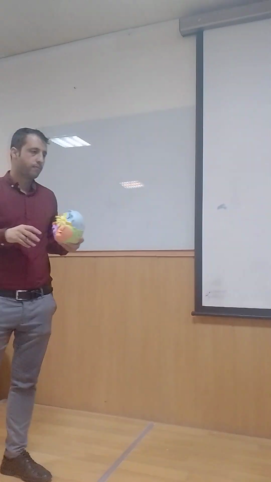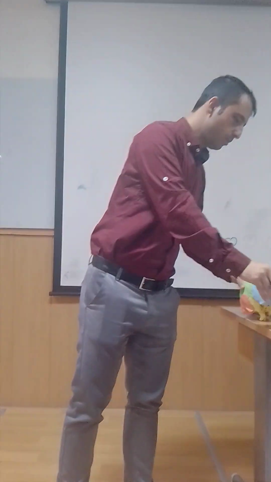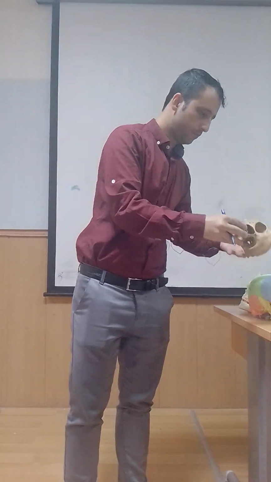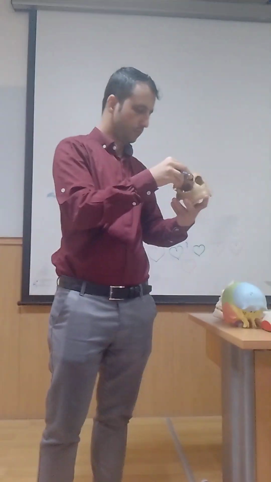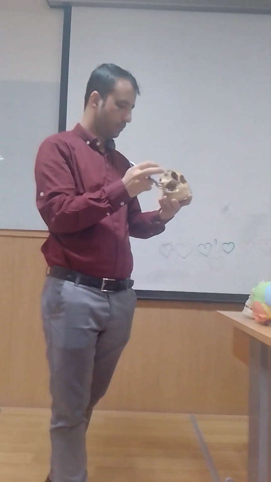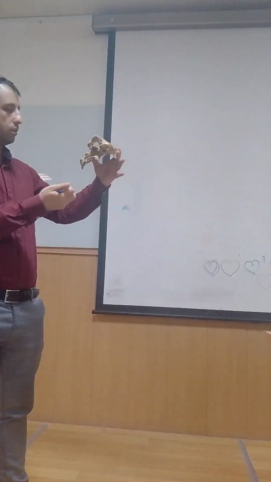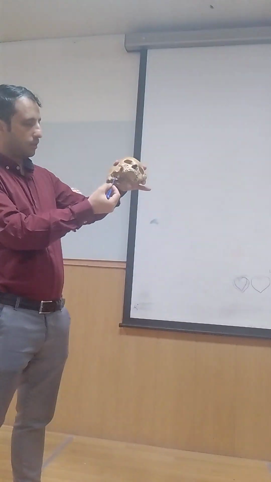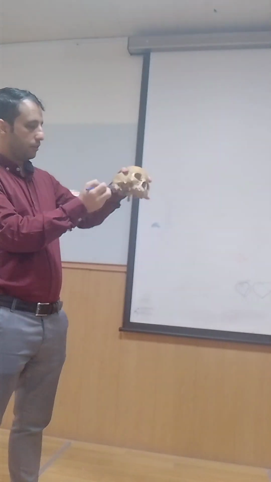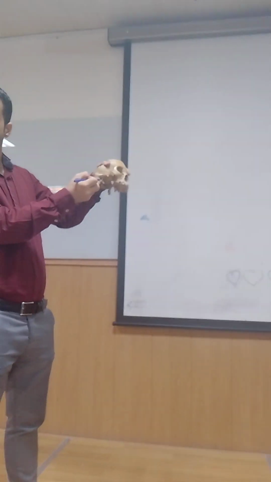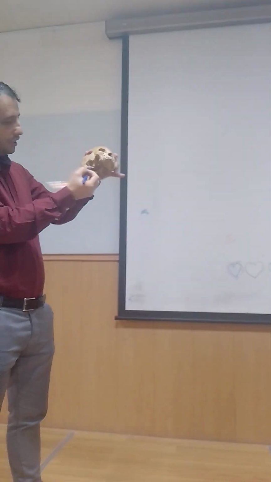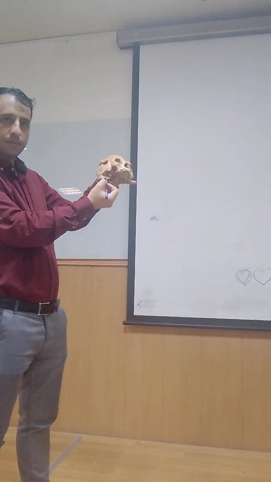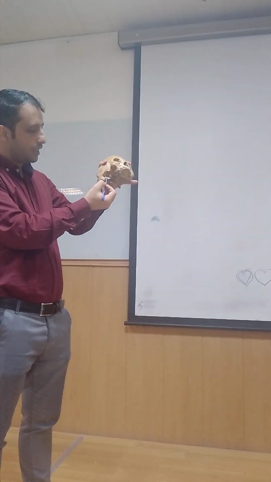In the internal view, in the natural skull, here is the external acoustic meatus. Anterior to the external acoustic meatus is the tympanic plate.